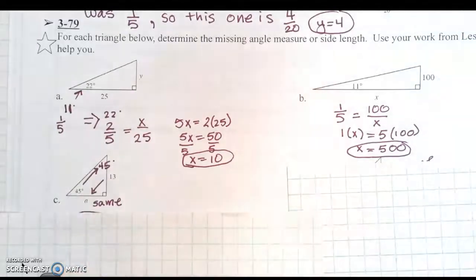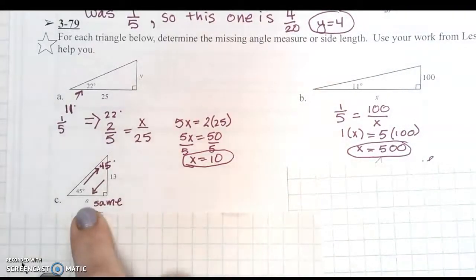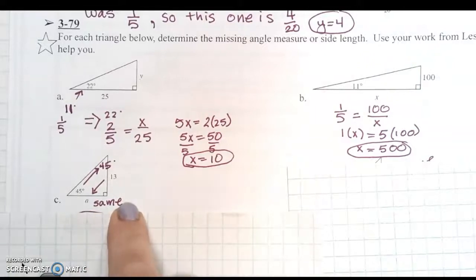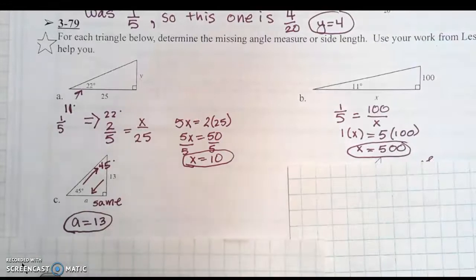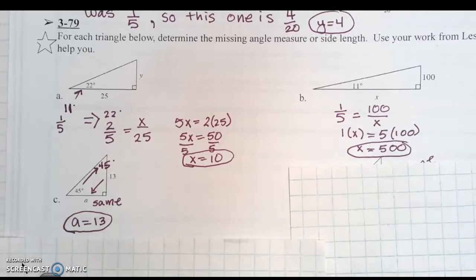So whenever you have a 45 and a 90 in a triangle, the other one has to be 45. So whatever one side is, the other side has to be the same. So if this side is 13, then A has to be 13 as well. Okay? That's called a 45-45-90 triangle. Any questions on C?